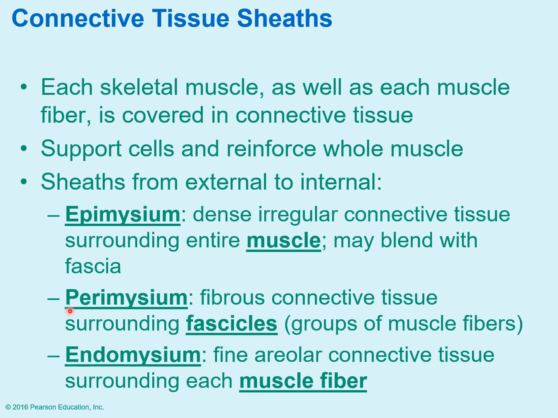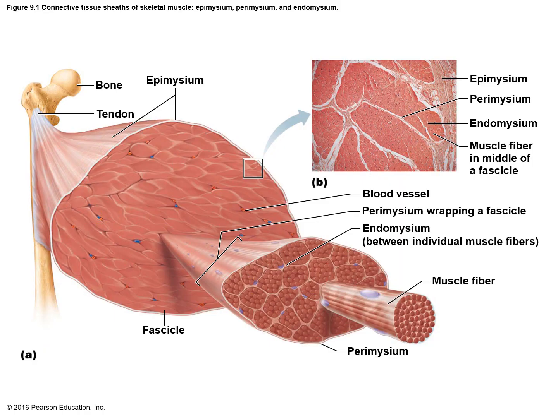And you call that group of muscle fibers a fascicle. Then you take several of these fascicles and group them together, and you wrap that with another additional outer layer, and that's the epimysium. And that's when you're now talking about the muscle itself.